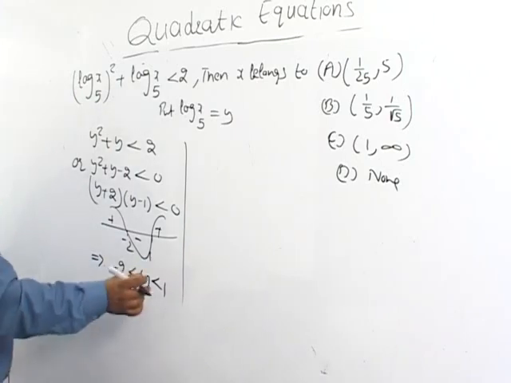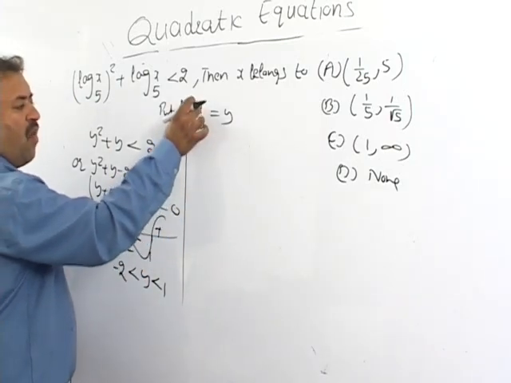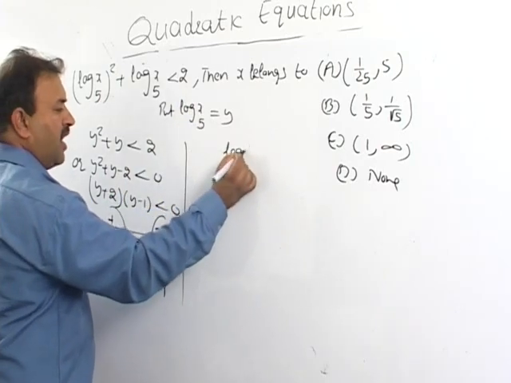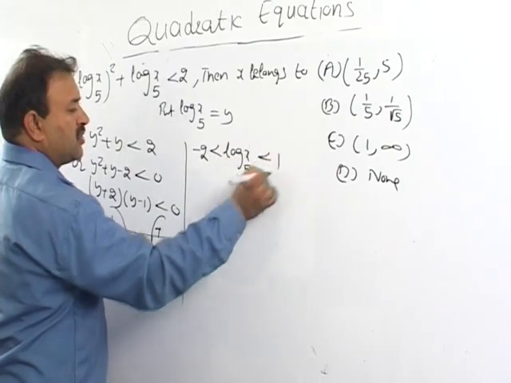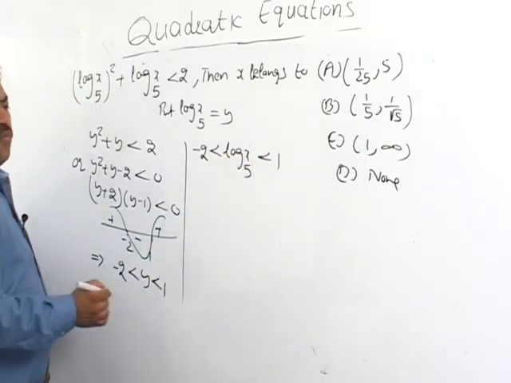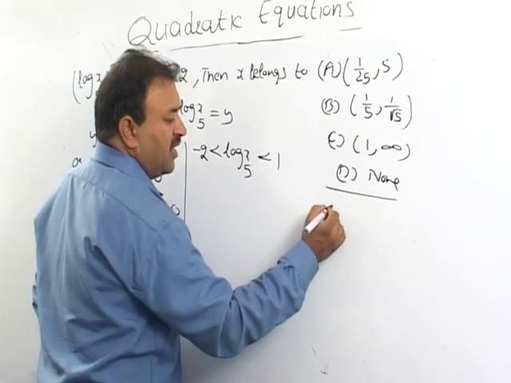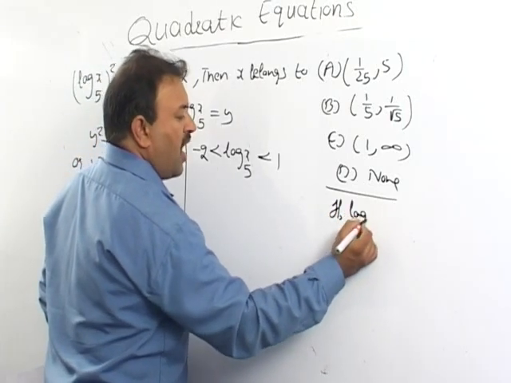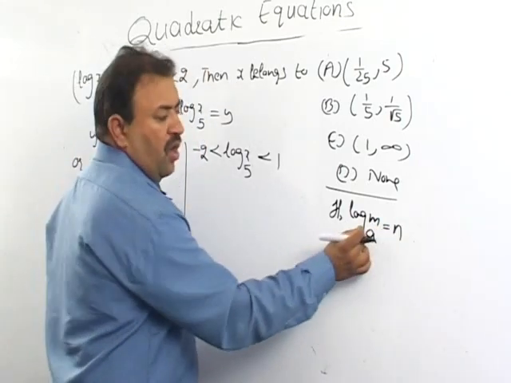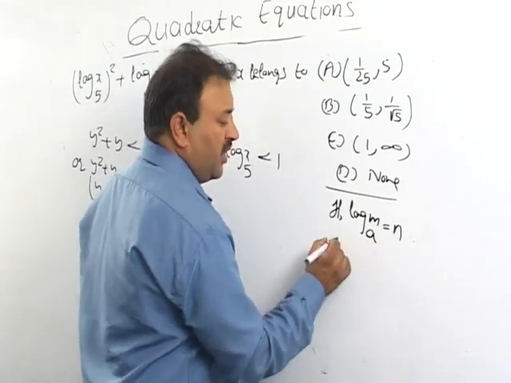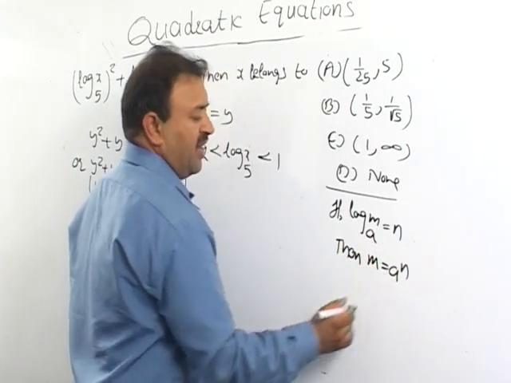From here we come back to x. That means log x base 5 lies between minus 2 and 1. One property of log we should know is that if log m base a is equal to n, then m is equal to a power n.